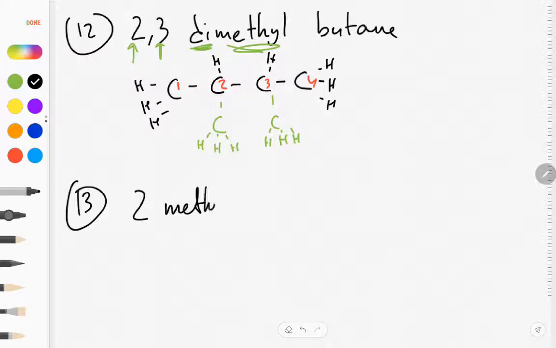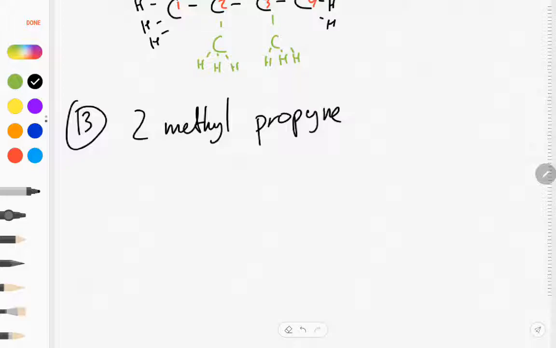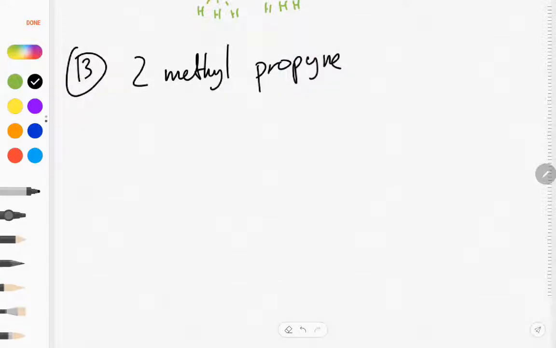All right, number 13 is 2-methyl-propyne. Okay, cool. So let's start with a parent chain, prop. That's 3 carbons. 1, 2, 3. And I want the triple bond. Now, I did not specify the number, which means it automatically goes on the first one.